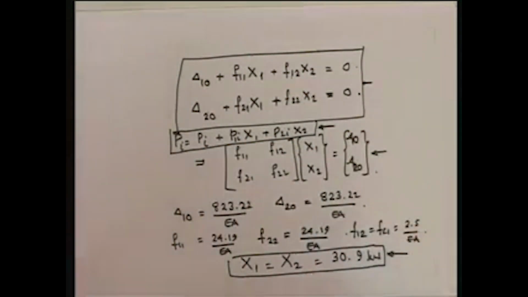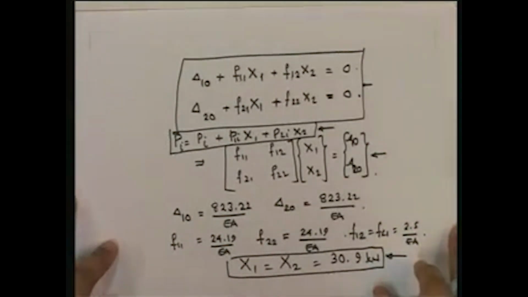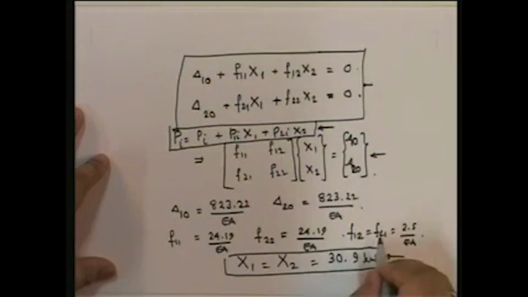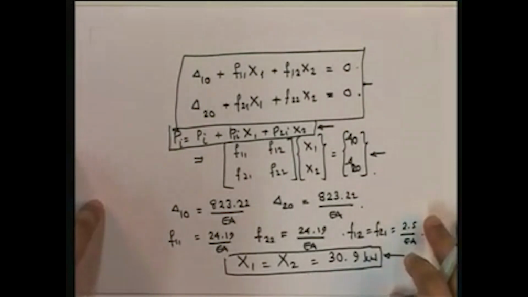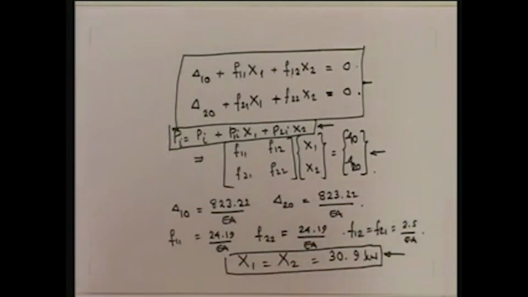Okay? So much for all of this. Now I want to end it by talking about one very fundamental point over here, and that is that you see that F12 is equal to F21 in this particular case. Is that always true?